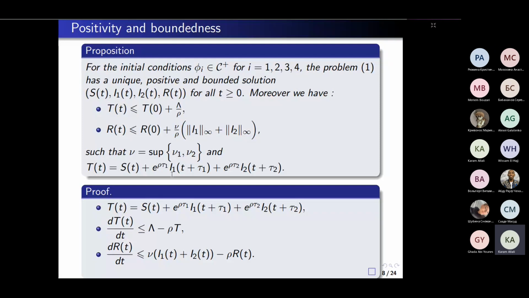So if we multiply I1 by exponential rho 2 to 1 and exponential rho 2, and we add the three of them, the incidence function will disappear, and we will have the derivative of T, the sum of the three first classes, less than lambda minus rho T. So from this, if we integrate, we will have the fact that T is bounded.